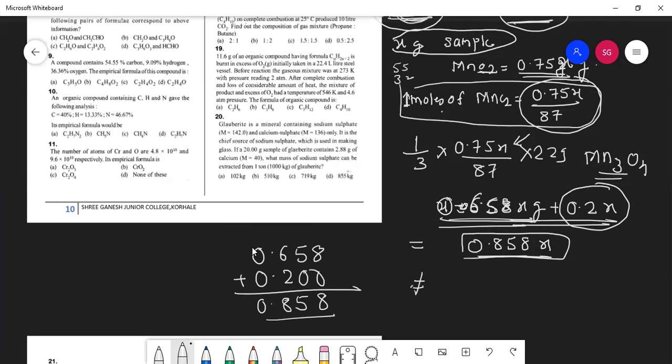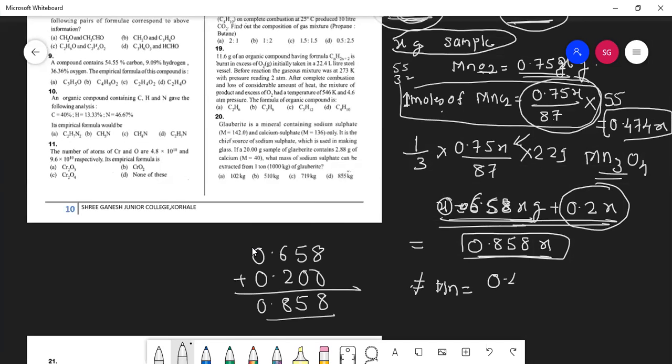So the percentage of manganese. First of all, how much is the manganese? 0.75x upon 87 into 55, because one manganese is 55. So this will get 0.474x. This is the manganese.